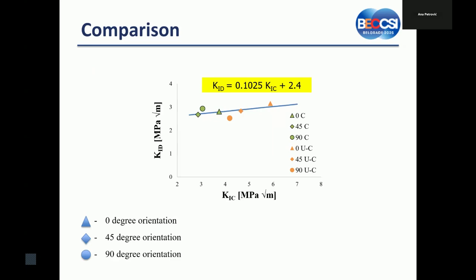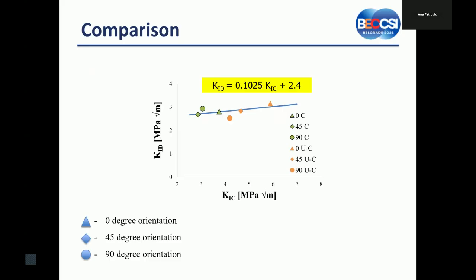If we look at the dynamic test for the same manufacturing parameters, we have between 2.5 and 3.1 megapascal square meter. This means that the fracture toughness in the dynamic case is less sensitive to the manufacturing parameters.